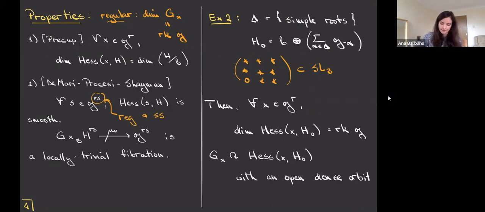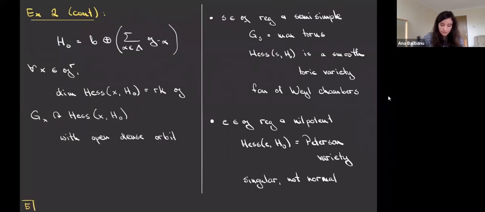So of course, since these Hessenberg varieties are fibers of a G-equivariant map, we always have an action of the centralizer G_X on the Hessenberg variety associated to X. And one can prove that in the case of this Hessenberg space, this action has an open dense orbit. So in fact, we can think of Hessenberg varieties for the standard space H naught as being sort of compactifications of centralizers of regular elements.